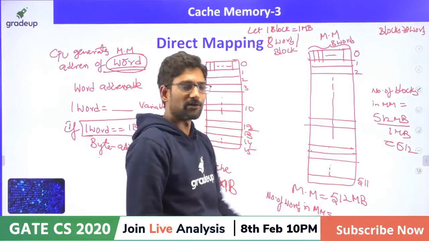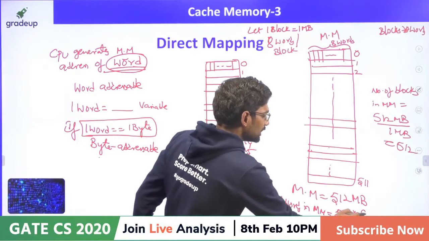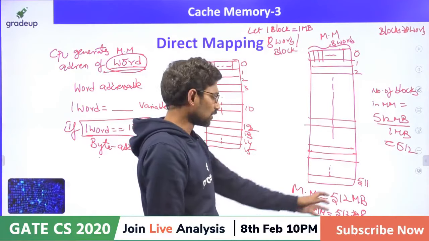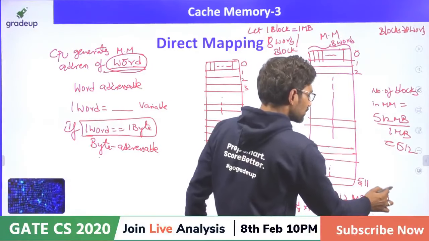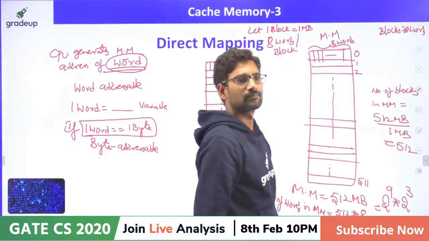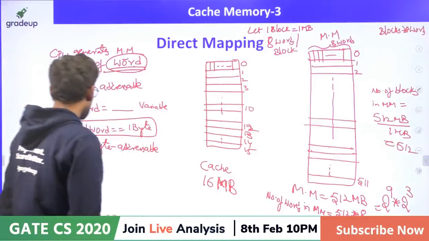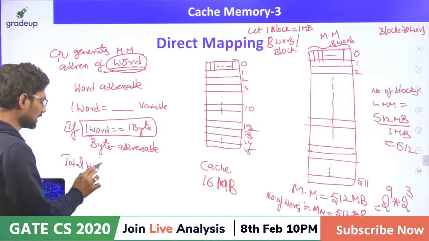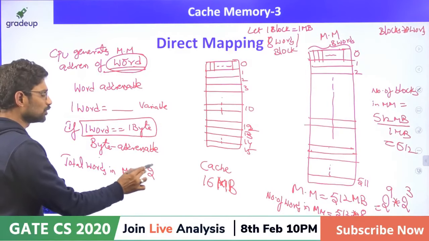So the total number of words becomes 512 multiplied by 8. This I can write as 2 raised to 9 multiplied by 2 raised to 3. That means total words in main memory are 2 raised to 12.